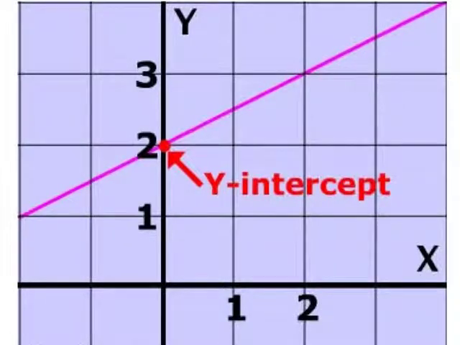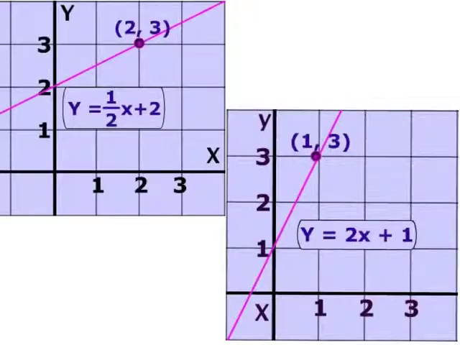Again, this would be the point where the line intersects the y-axis. That would be called the y-intercept, and it would be the b portion of y equals mx plus b. The equation for this top line is y equals 1/2 x plus 2.